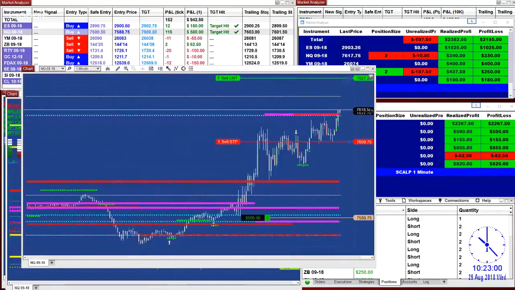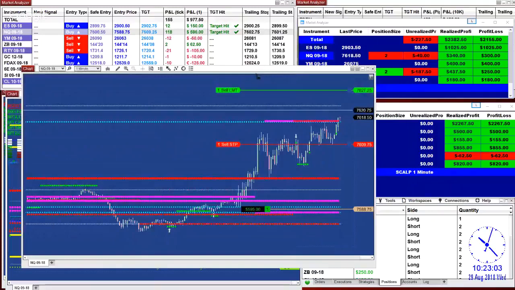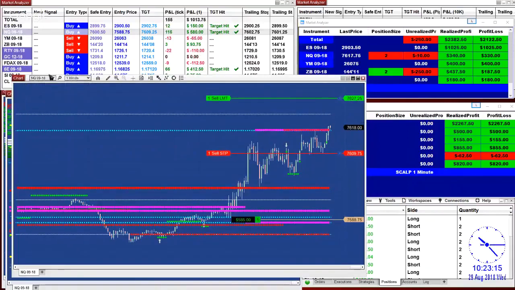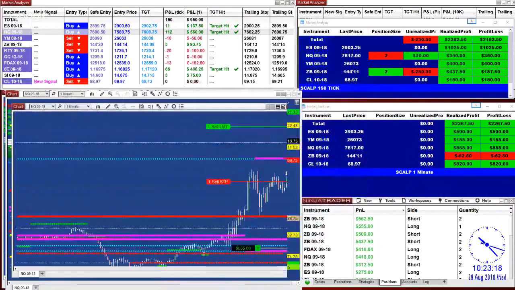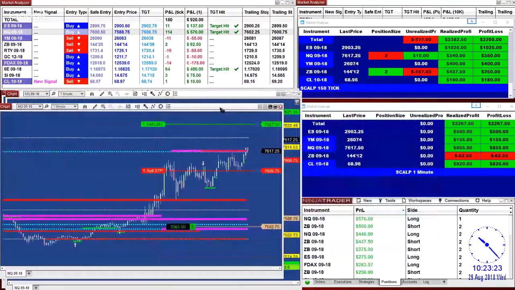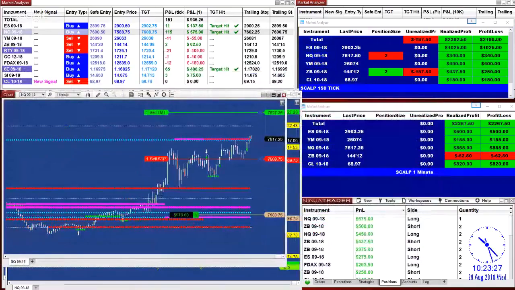This is what the auto trade is doing. This is the Nasdaq, and I believe the ES started making new numbers. Let me see. Sure enough, the ES is trying to break new numbers.